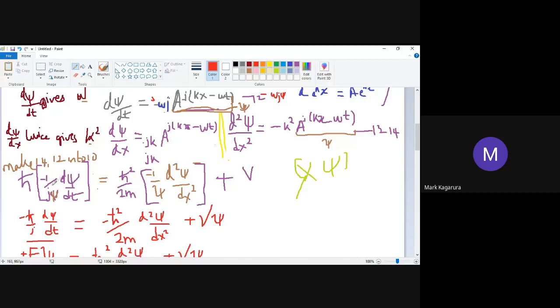So if you multiply this bit here by omega j psi, it is negative. If you rationalize this, it becomes j. J times negative j becomes positive. Does it matter?